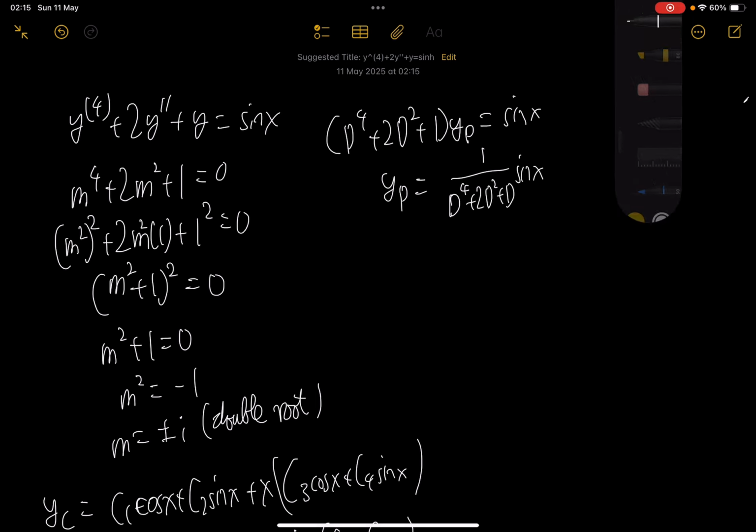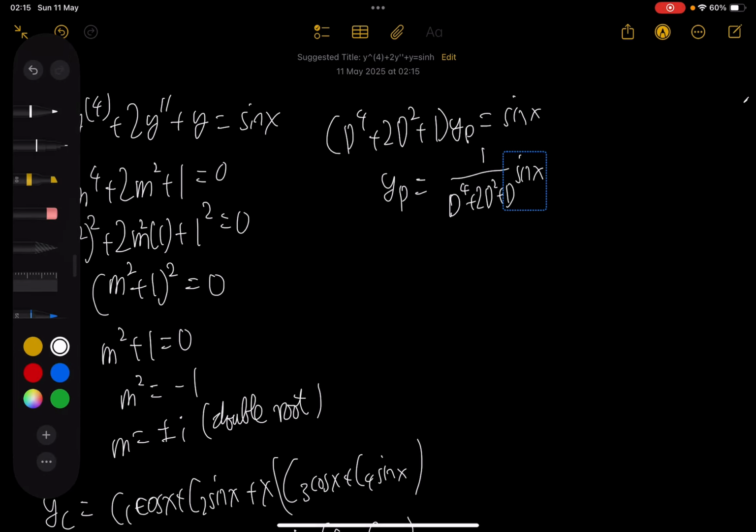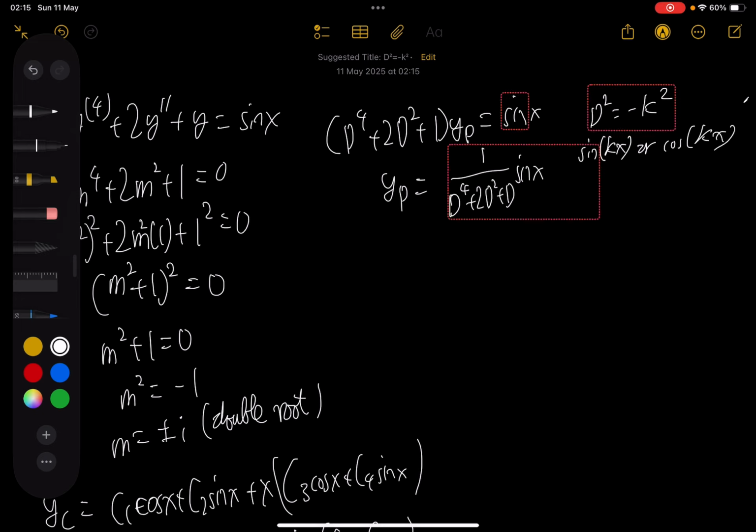Whenever you have sine x, we can replace this D squared with negative k squared. Whenever you are dealing with sine kx or cosine kx, we can replace D squared with negative k squared in this expression.